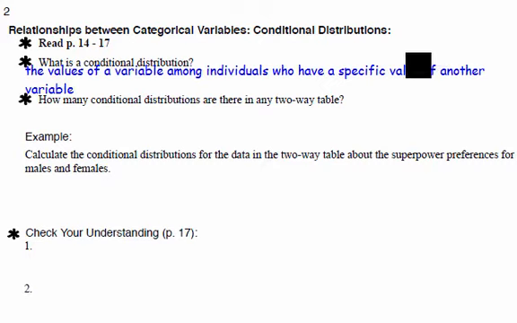So if we were looking at just gender, there would be 2, male and female. But if we were looking at the superpowers, then there were 5 of those. So how many conditional distributions are there on a two-way table? There's 2 sets, or 2 times the number of cells.